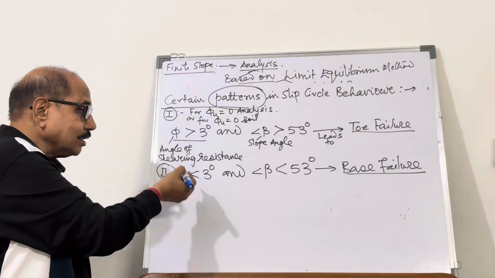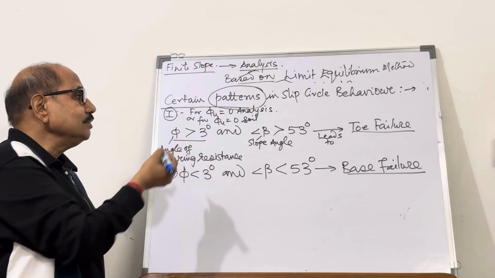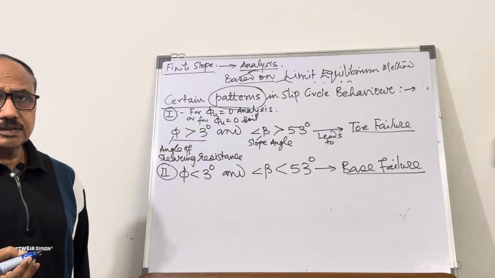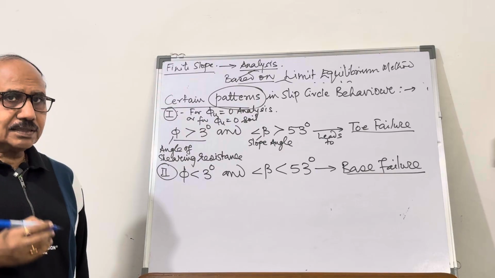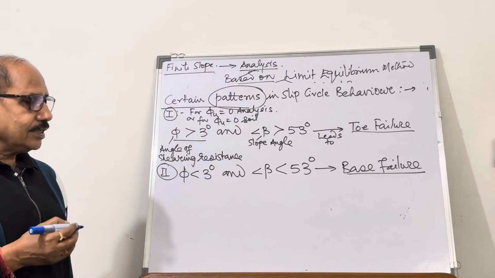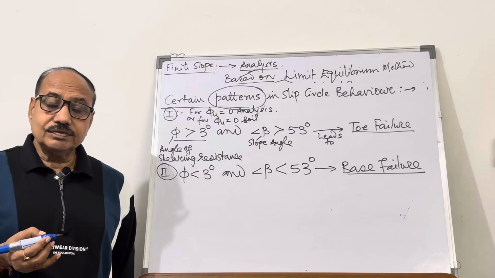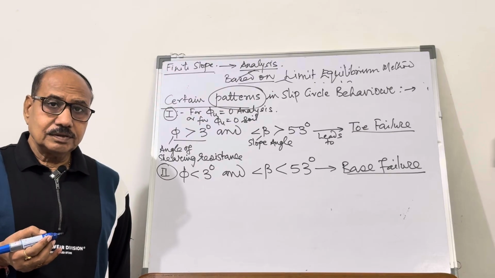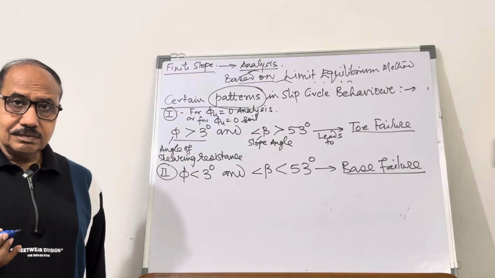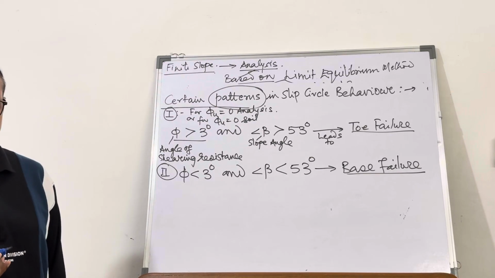So these are certain guidelines which will help us in deciding what kind of critical slip circle will fall.